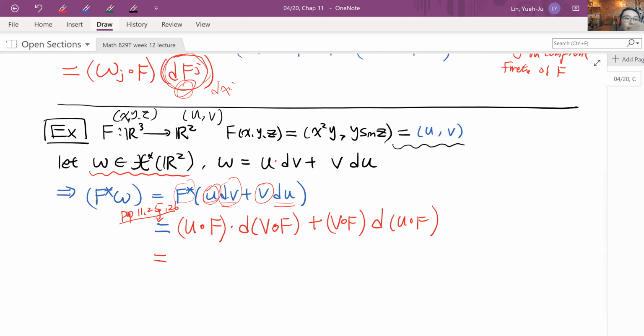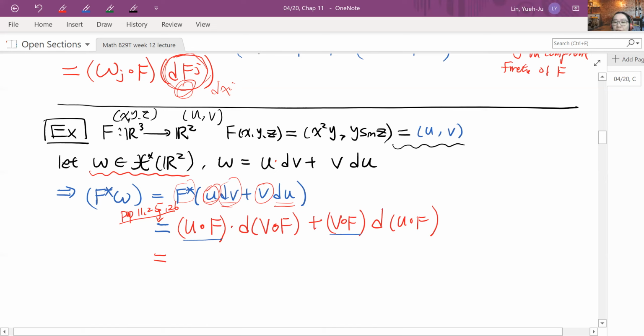So the only question is, what does each part mean? First, let's deal with this u of f and v of f. u is the first coordinate of R2, but composing with f means you're calculating using the component coming from f.